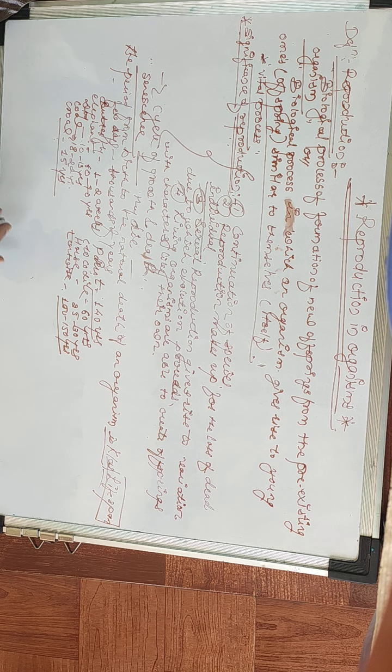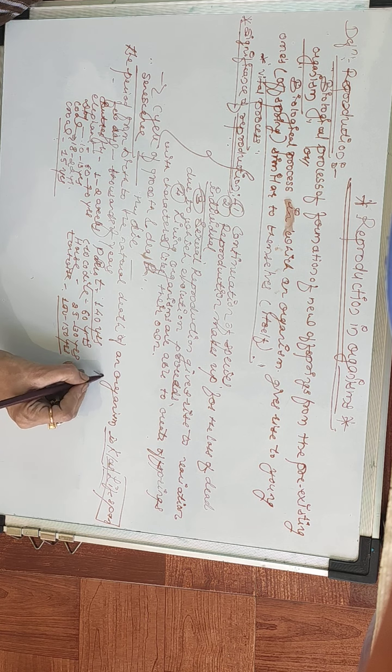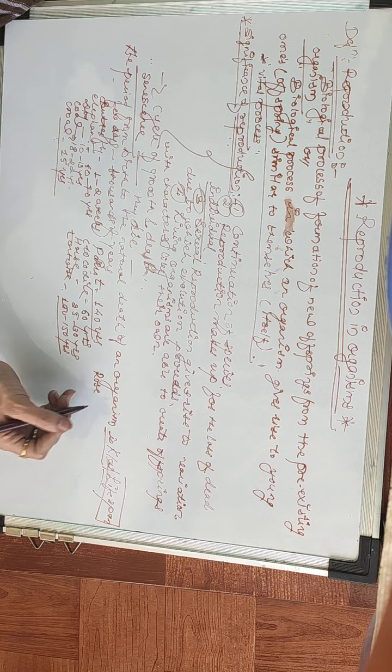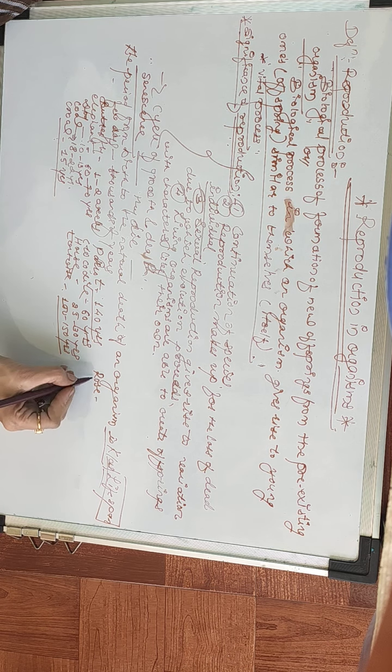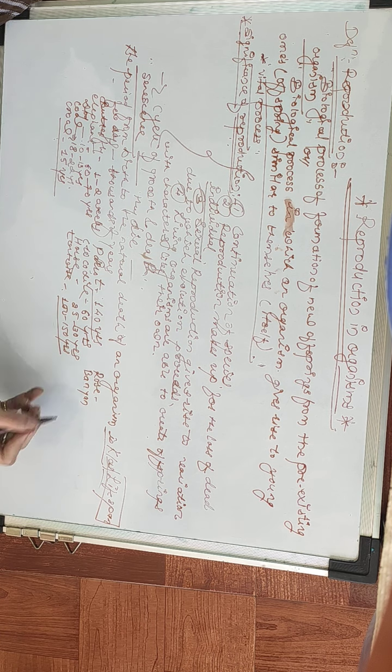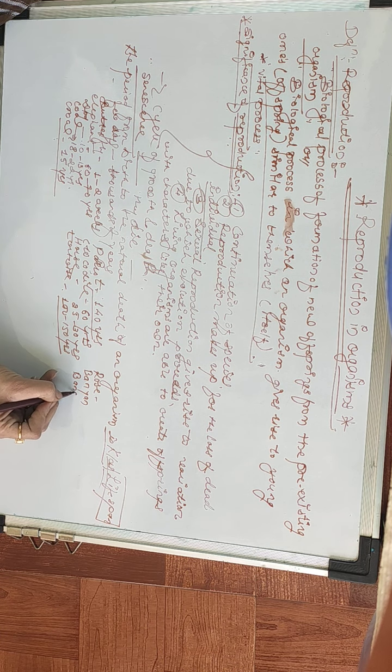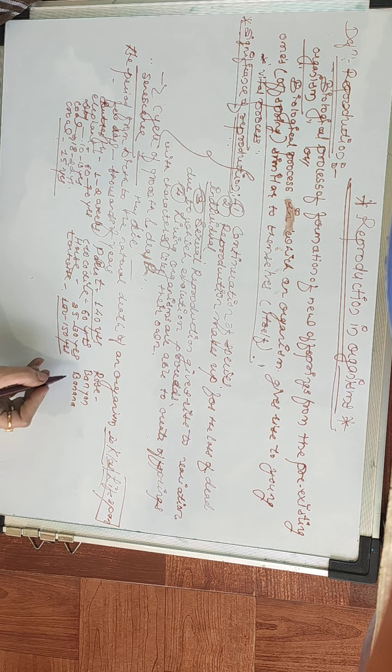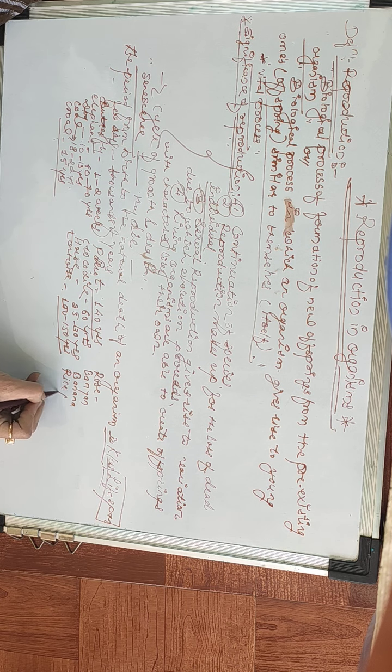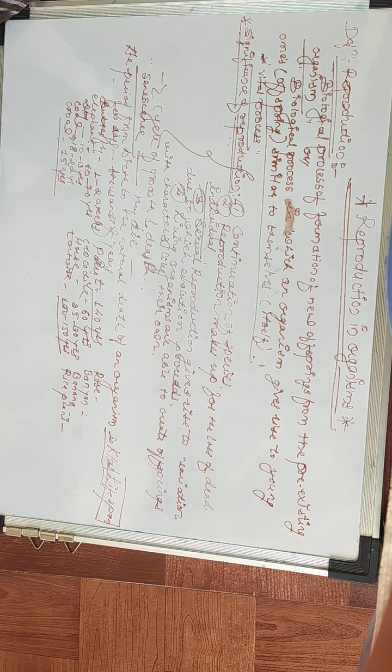Not only animals but also plants. When we are talking about plants, I will take the example of rose, banyan tree, banana, and rice plant. Each and every plant also has its particular lifespan.